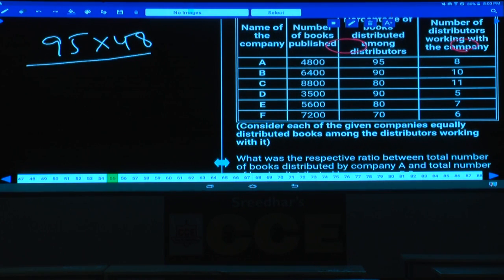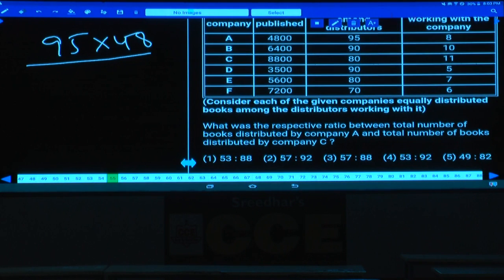For company C, 80% of this number, 1% is 88 and into 80 you have. Denominator is an 11 multiple, whereas numerator is not an 11 multiple.